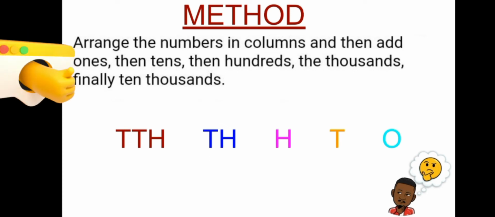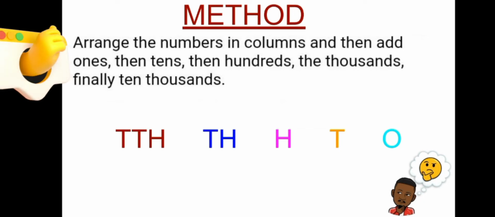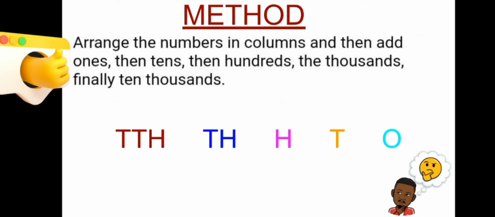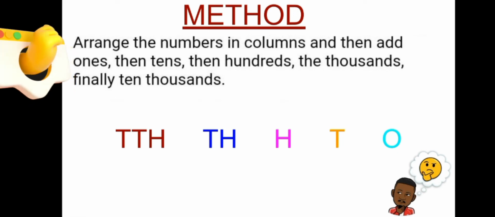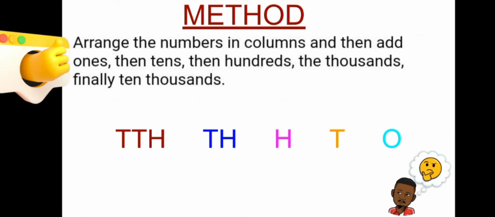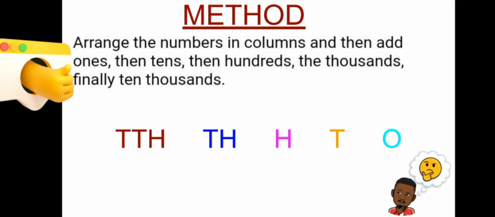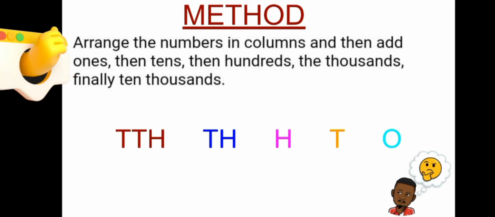Just arrange them the way it is on the slide. You have the ones represented by O, the tens represented by T, the hundreds represented by H, the thousands represented by TH, and the 10,000s represented by TTH.